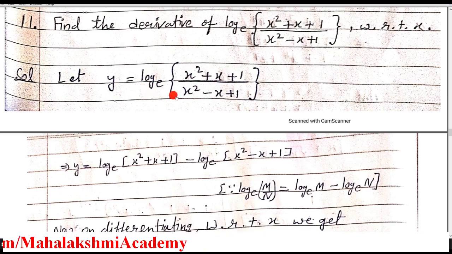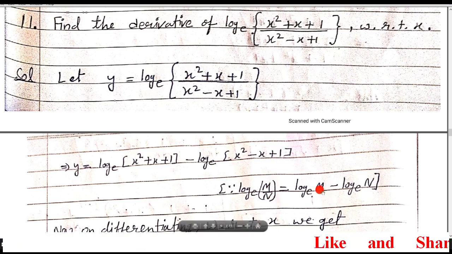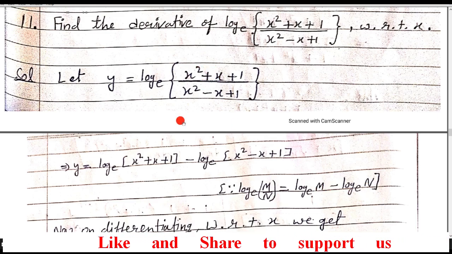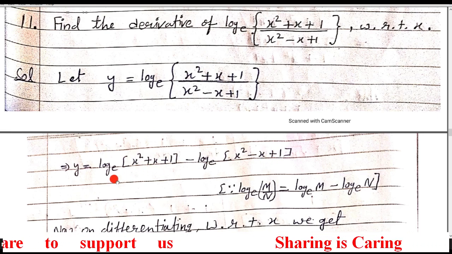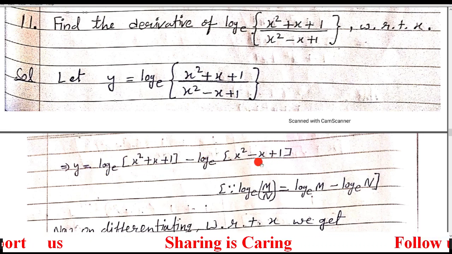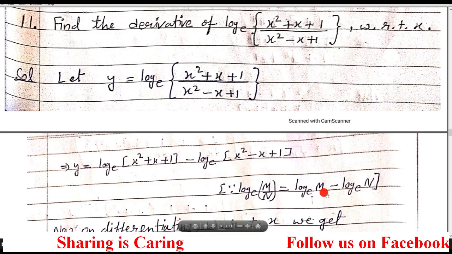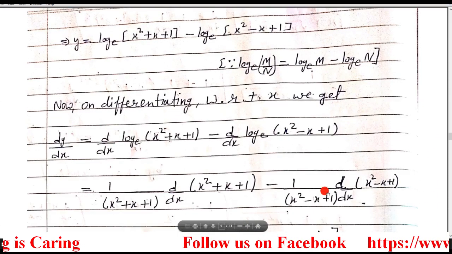Now this log is in the form of log m upon n, and you know the formula for log m upon n is log m minus log n. That's why log of the numerator minus log of the denominator. That's why it came in the form y is equal to log m minus log n by using this formula. Now we'll differentiate it.